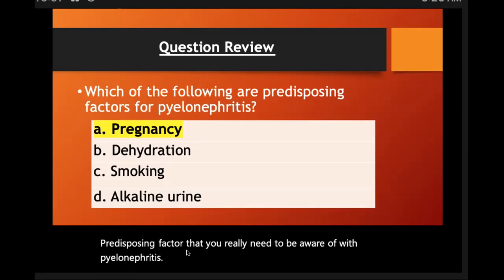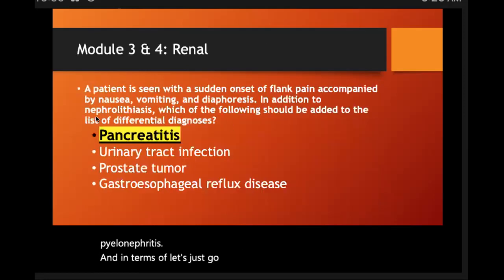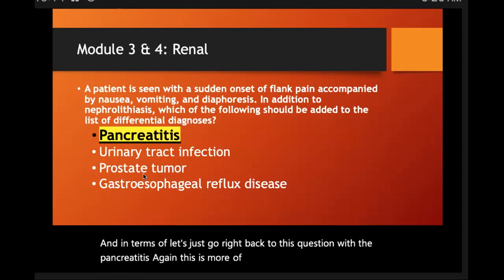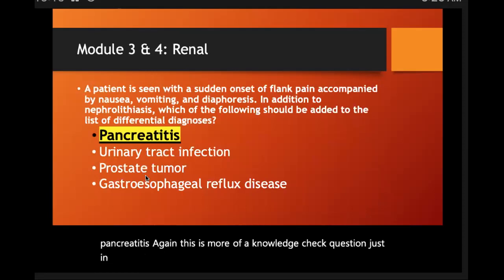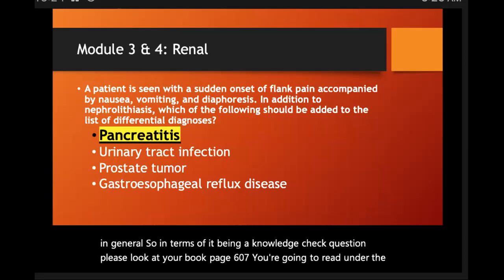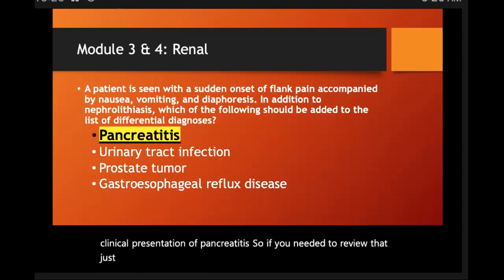And let's go right back to the question with the pancreatitis. Again, this is more of a knowledge check question. So please look at your book, page 607. You're going to read under the clinical presentation of pancreatitis. If you needed to review that, just go into your book, page 607.